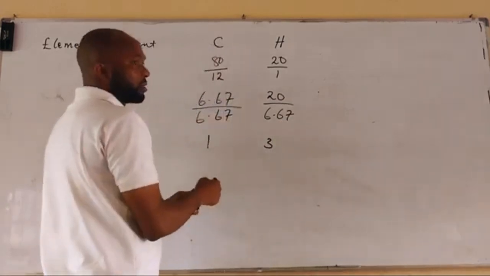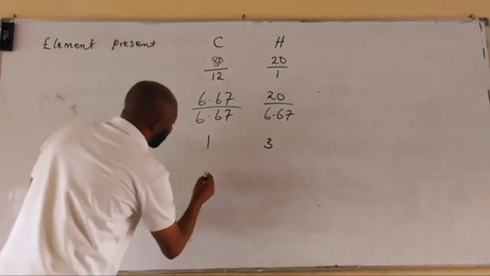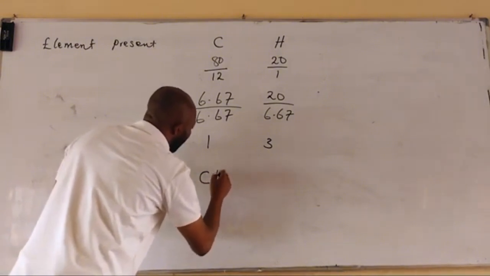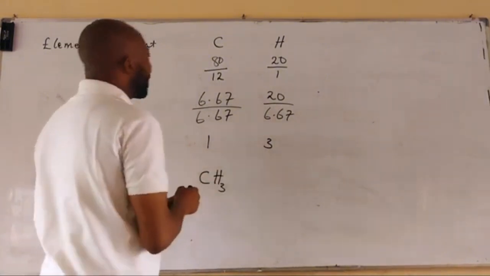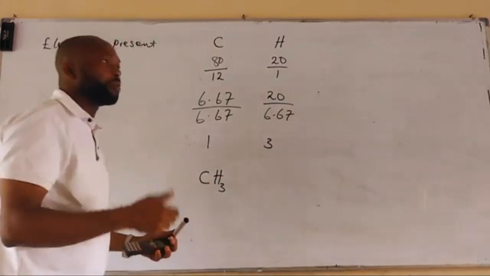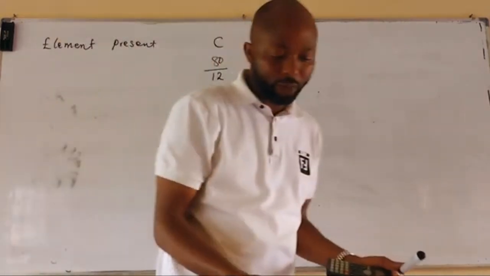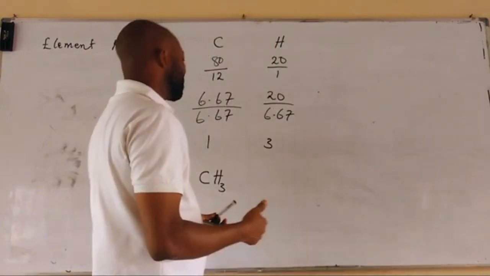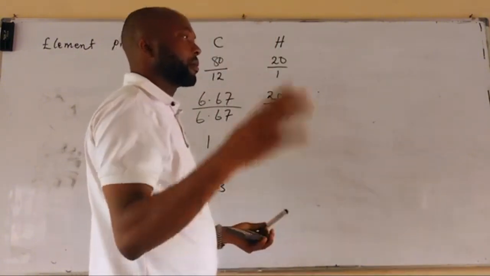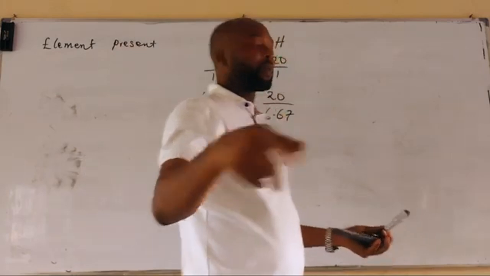So this definitely means that carbon is 1 and hydrogen is 3. Remember I told us earlier that they give us the relative molecular mass to be 30, and that the relative molecular mass is equal to n times the empirical formula.